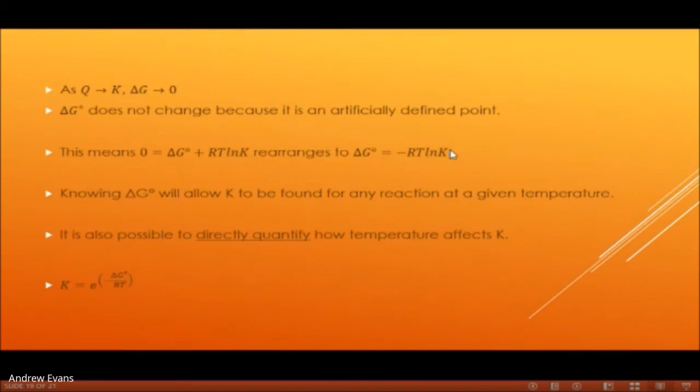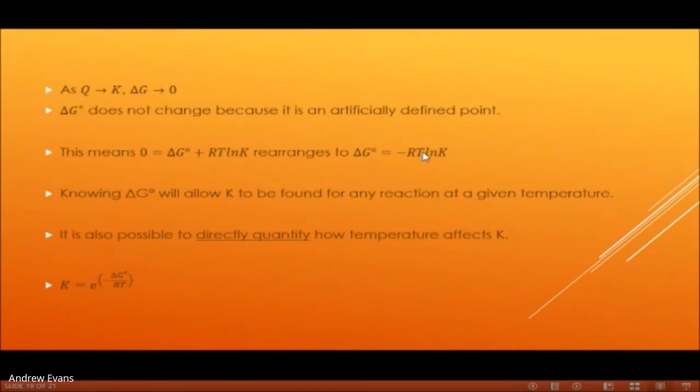It is possible to find out the equilibrium constant by knowing our delta G. It is possible to know our delta G by having our equilibrium constant. And in fact, you notice how there's temperature in here.